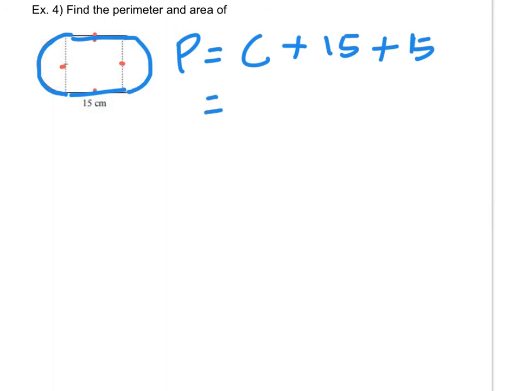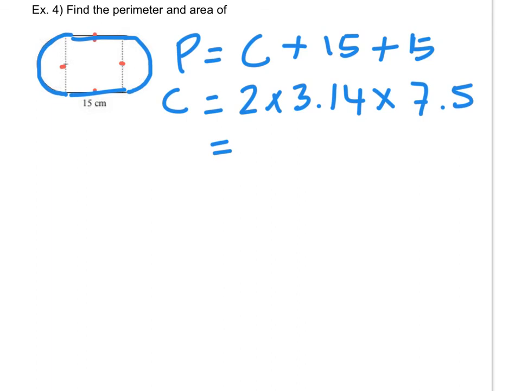Remember, we're going to find the circumference, which is 2 times pi times the radius. The radius is half of the diameter, which is 15, so 7.5. So the circumference is 2 times 3.14 times 7.5 equals 47.1 centimeters.